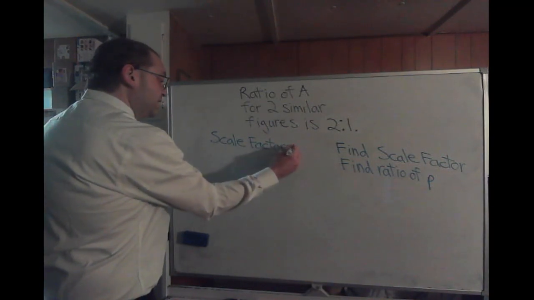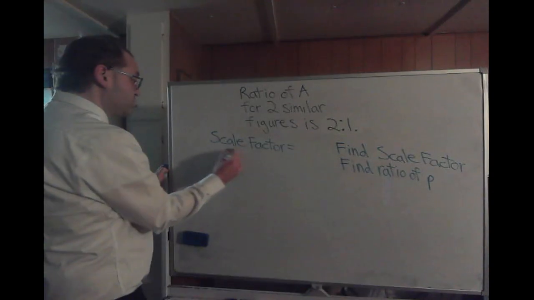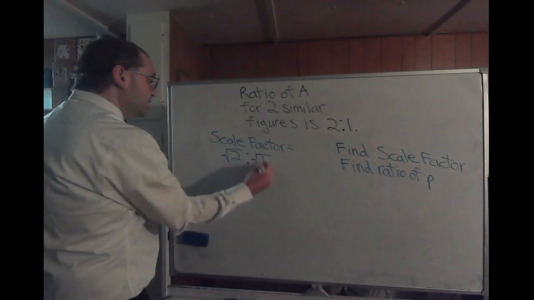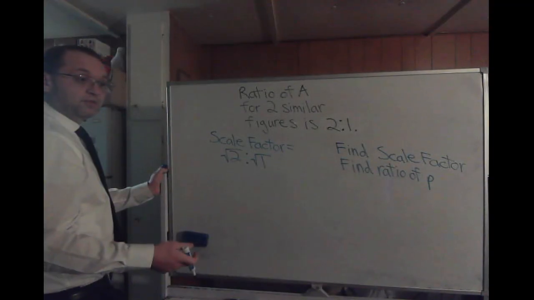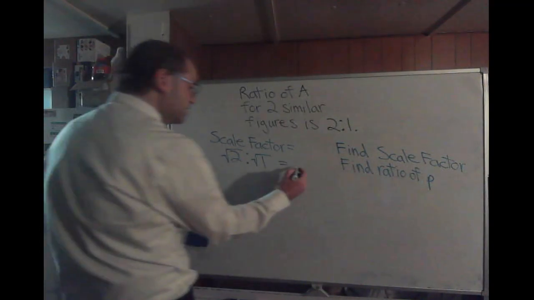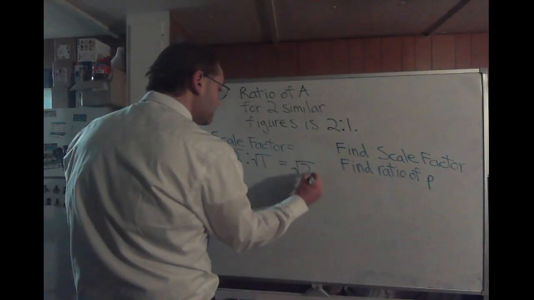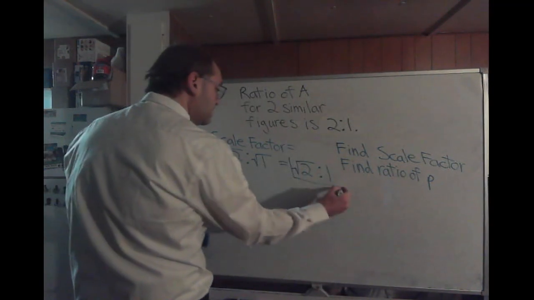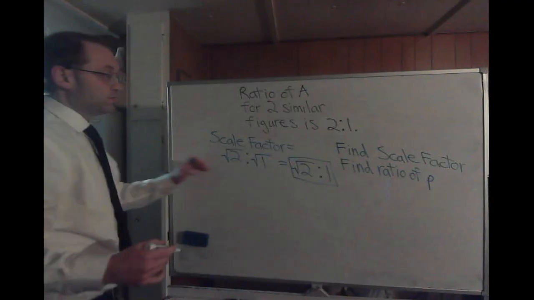So the scale factor is going to be equal to the square root of 2 to the square root of 1. Well, the square root of 2 doesn't simplify any further, but the square root of 1 becomes just 1. So your scale factor is going to be the square root of 2 to 1. That would be your scale factor for the two similar figures.